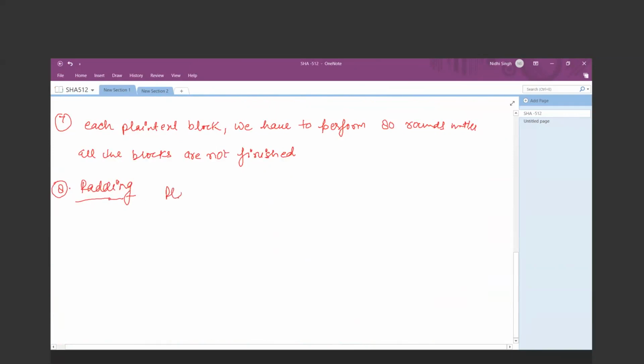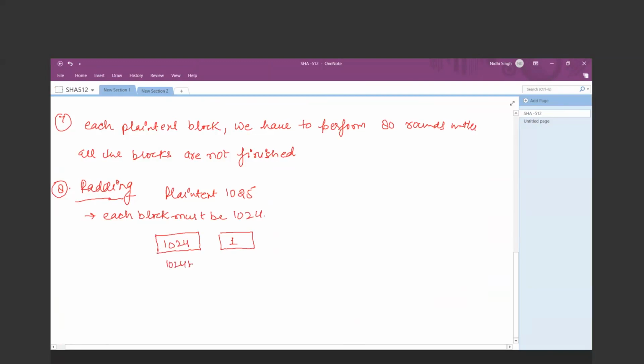Suppose my plain text is 1025 bits, and there is a restriction that each block must be 1024. So I have to divide my 1025 into two blocks: 1024, and here it is 1.